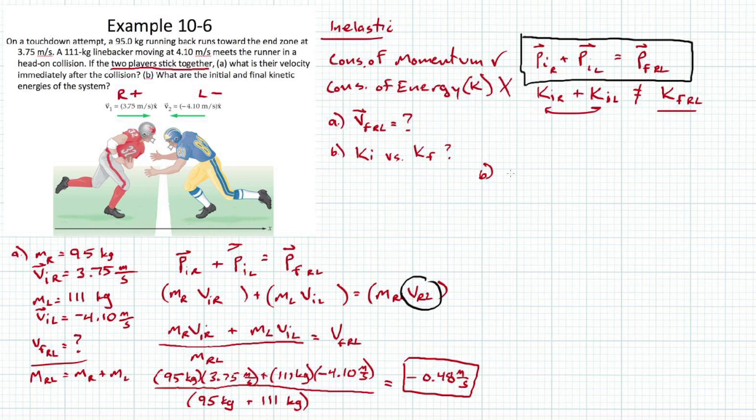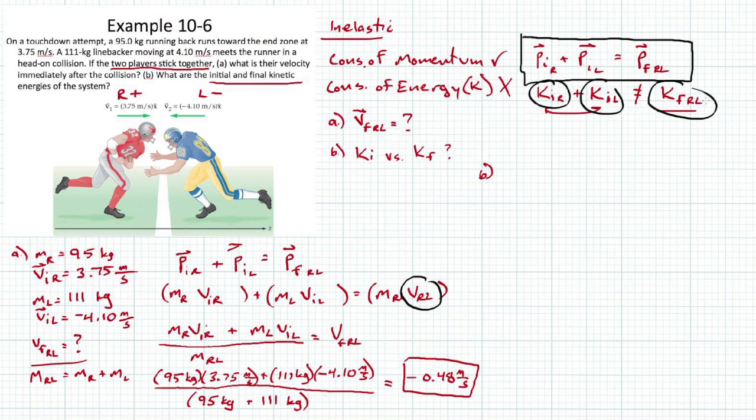But B asks us, what are the initial and final kinetic energies of the system? Well, we want to see if the kinetic energy of the running back plus the kinetic energy of the linebacker equals the kinetic energy of them together as they're both falling to the ground. And we're going to find out that they aren't equal.